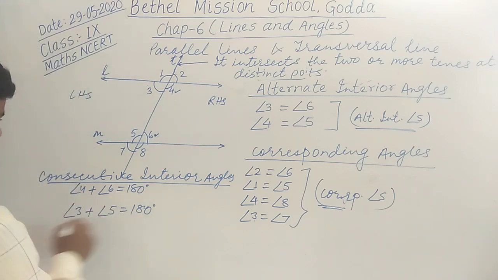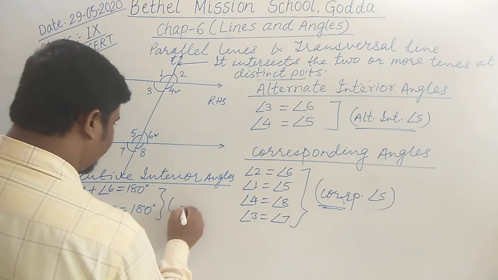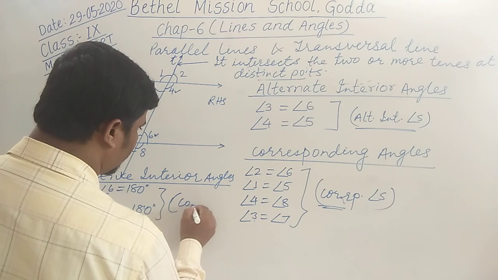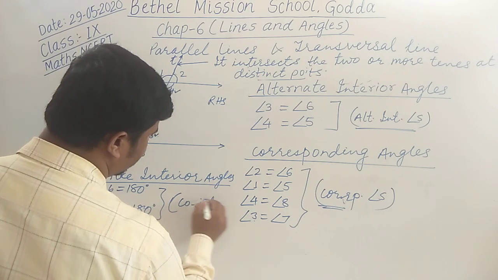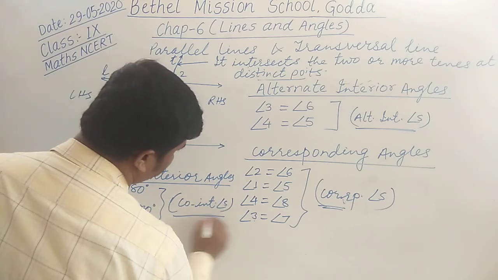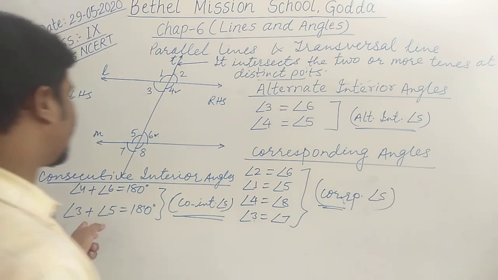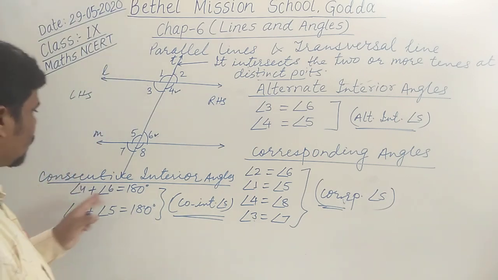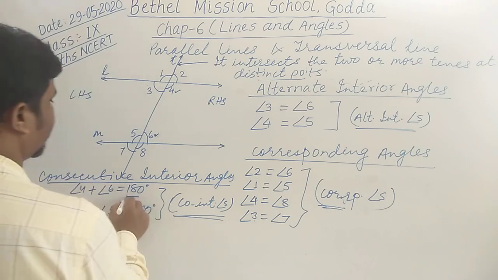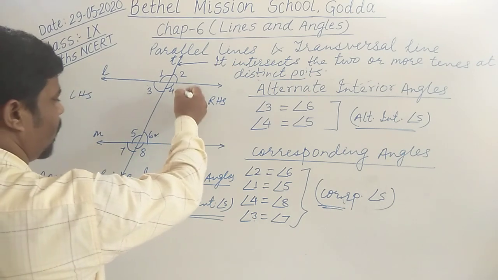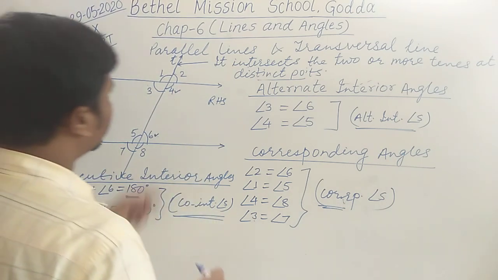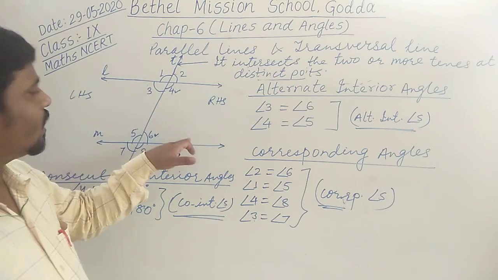Consecutive interior angles. In short, we write co-interior angles. So, the sum of co-interior angles is 180 degrees, and the co-interior angles are supplementary when the two lines are parallel.